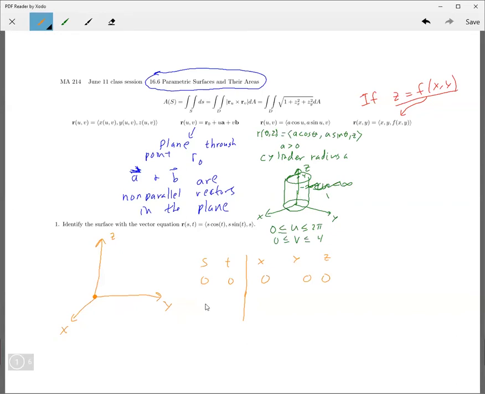What if you make... But then also it's kind of hard to figure out what's going on. And another thing you can do is, let's say you set s equal to 1, for example, then what happens? Then what do we get? We have cosine t, sine t, and 1, I'm sorry.